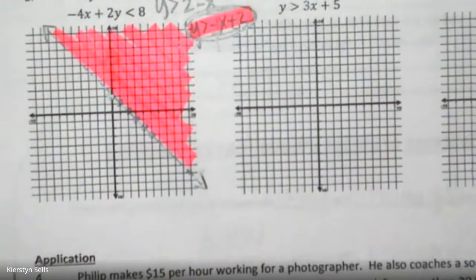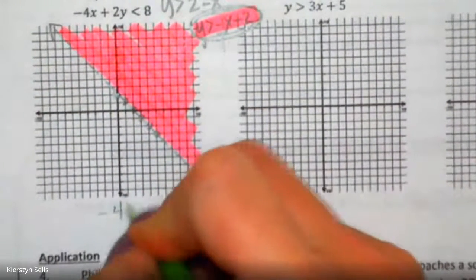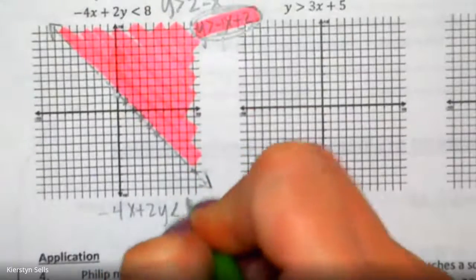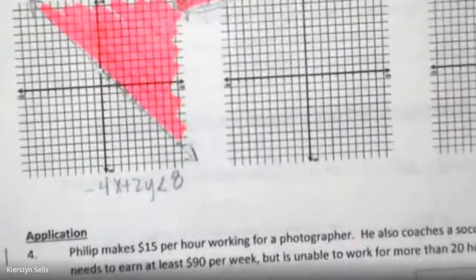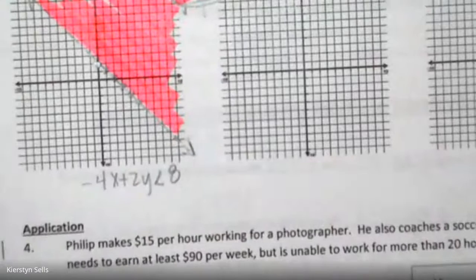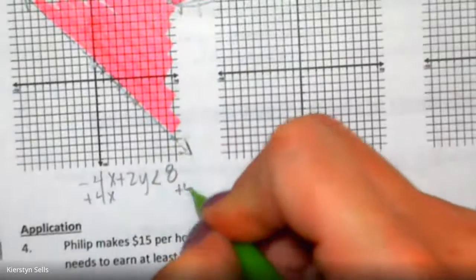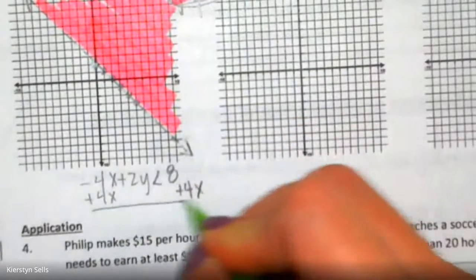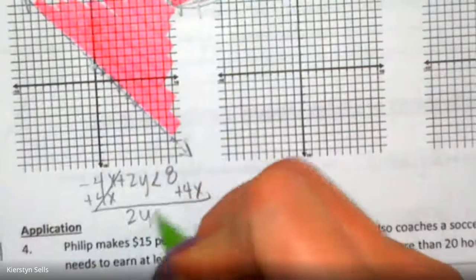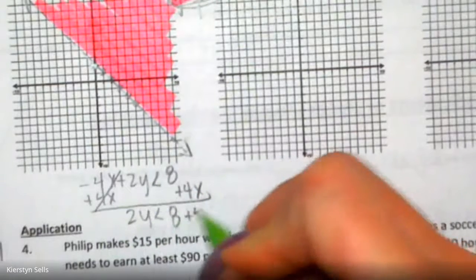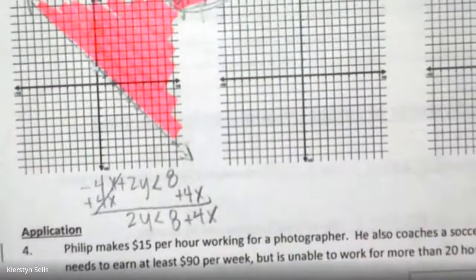All right, next equation: negative 4x plus 2y less than 8. What do I have to do first? Yep, add 4x to both sides. Remember, we have to do it twice. So 2y less than 8 plus 4x.